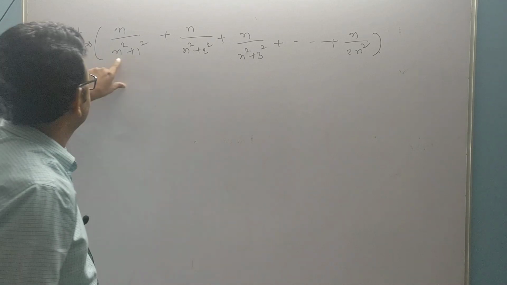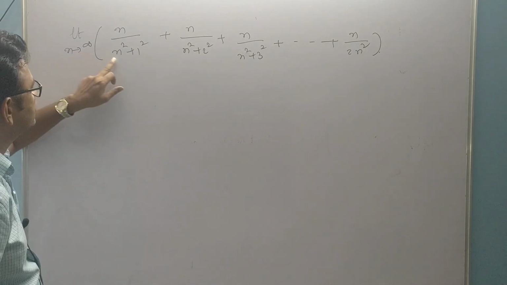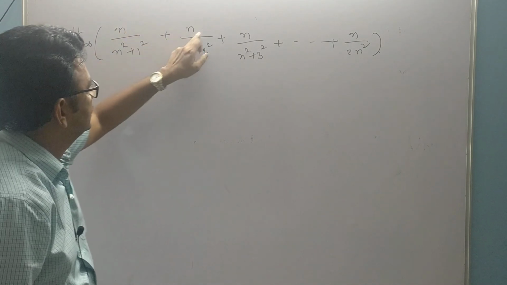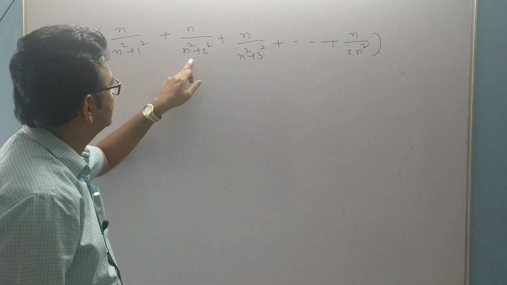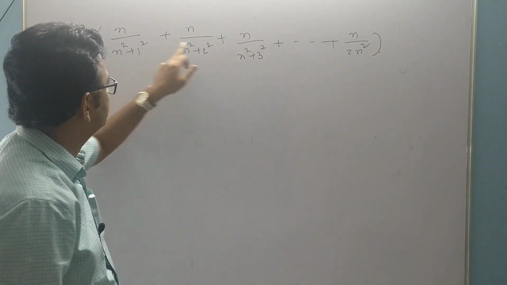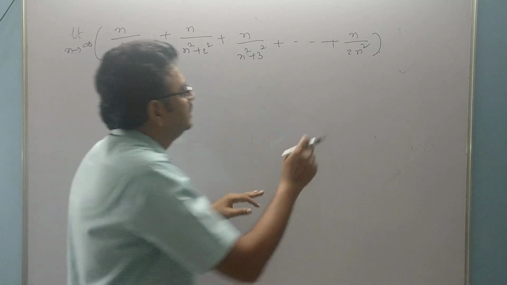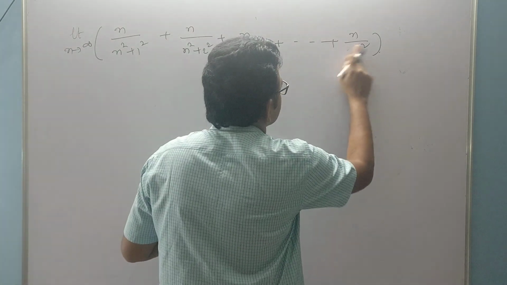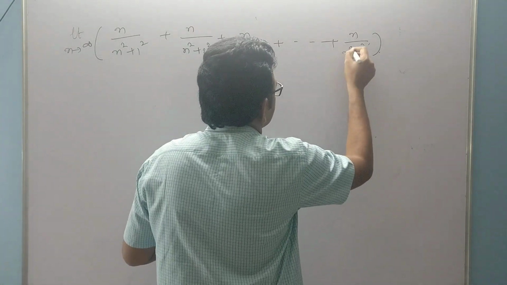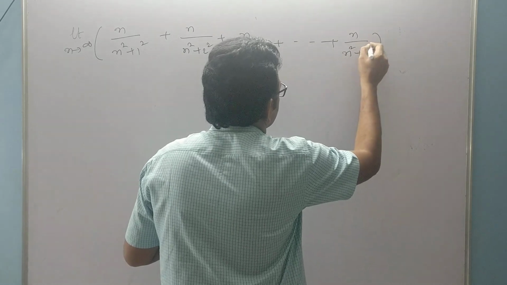So the given series is limit of n tends to infinity, with n square plus 1 square, 2 square, 3 square in the denominators. The last term n square plus n square is 2n square.